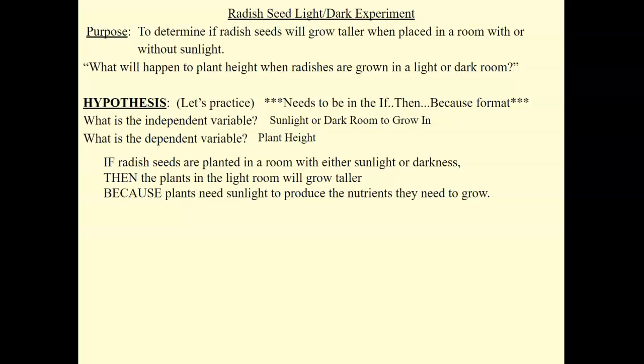So based on the purpose of this experiment, which was to determine if radish seeds will grow taller when placed in a room with or without sunlight, we have a hypothesis now. If radish seeds are planted in a room with either sunlight or darkness, then the plants in the light room will grow taller because plants need sunlight to produce the nutrients they need to grow.